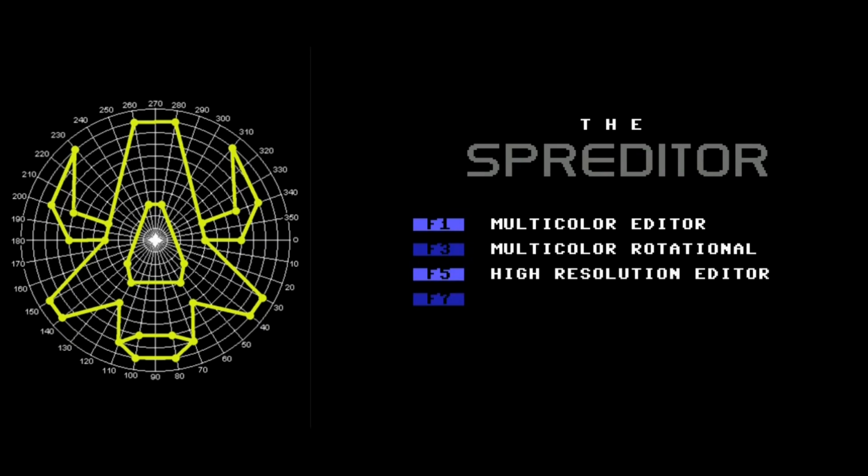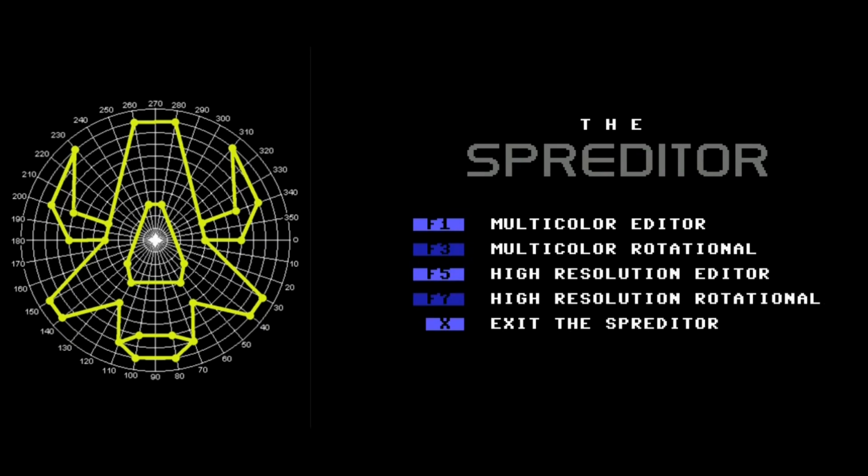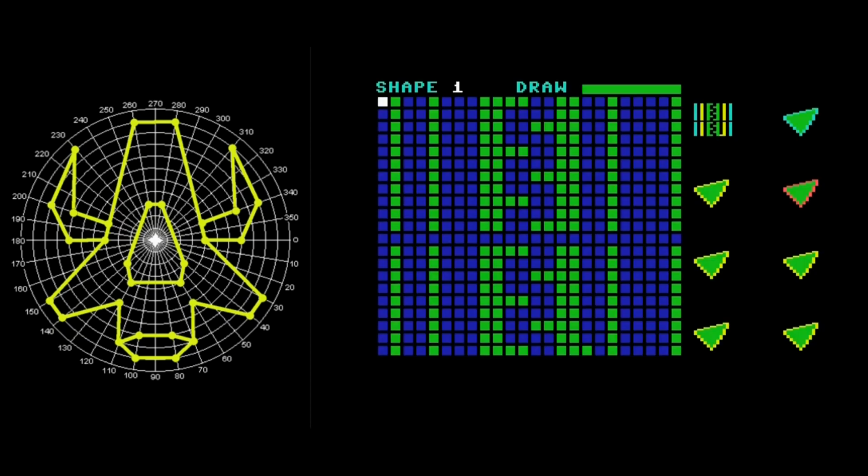Okay. And then we select F5 from the menu. Once loaded, you'll notice that we have more pixels to work with, though the sprite size itself stays the same. And we only have a single plotting color to work with, in addition to the background color.